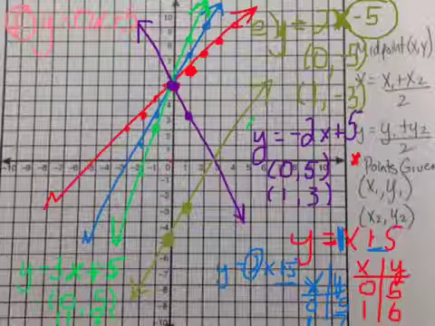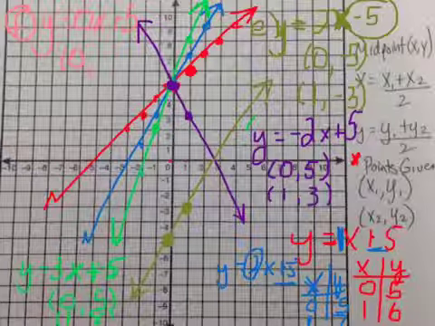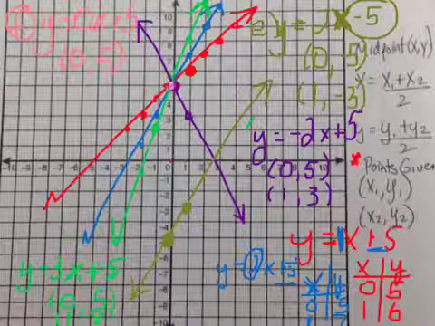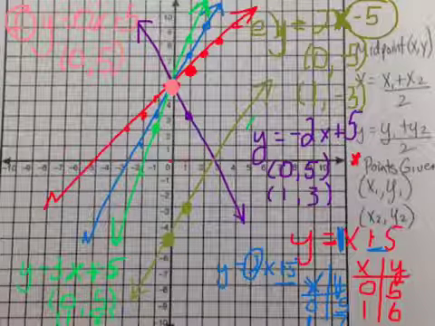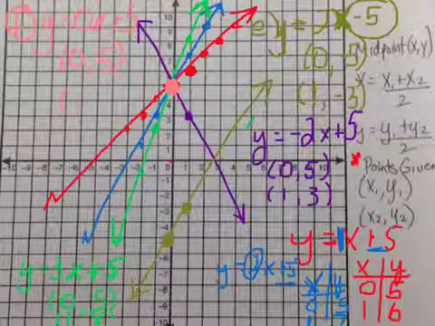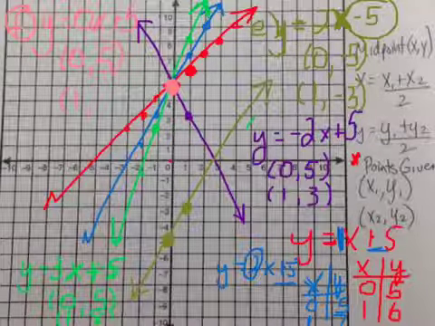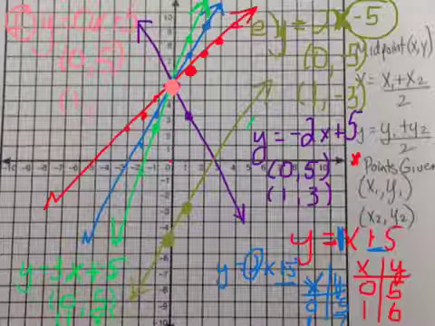If I plug in 0, 0 times 0 is 0, plus 5 is 5. So there's the same y-intercept as we had earlier, right? Now it looks pink. Let's plug in x is 1. If x is 1, 0 times 1 is 0, plus 5 is 5, right?